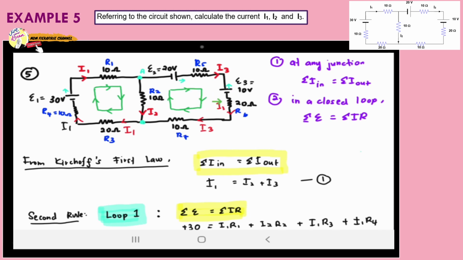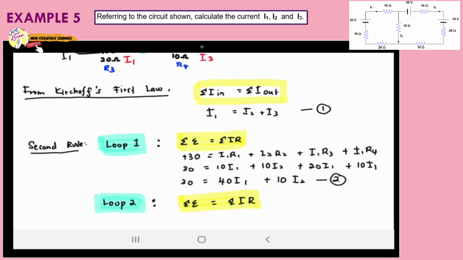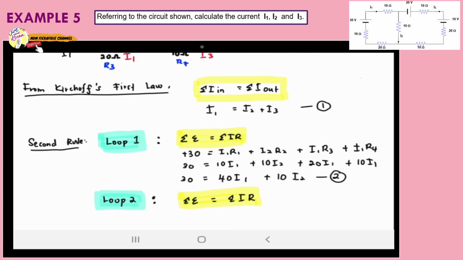But the direction of our loop that we assumed earlier is downward. So they are opposite directions. Therefore, EMF 3 should have a negative sign. So we total up EMF 2 and EMF 3: plus 20 plus negative 10.